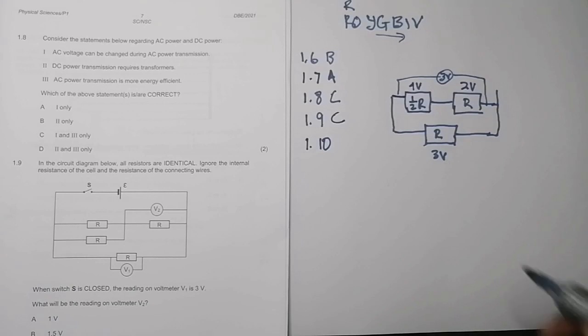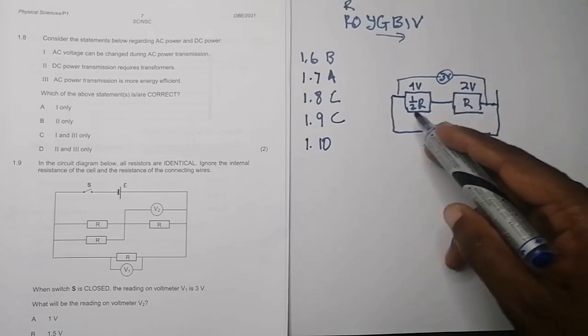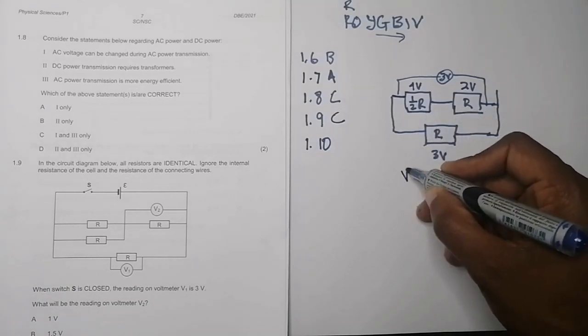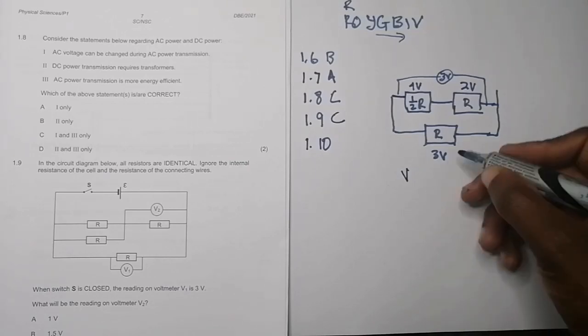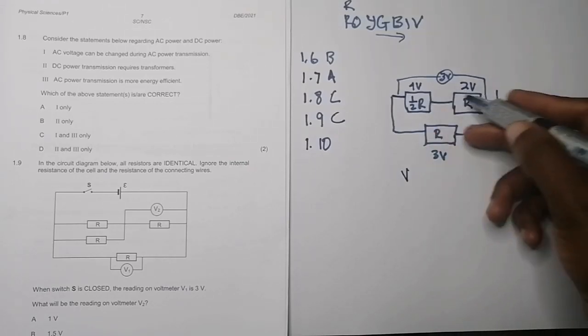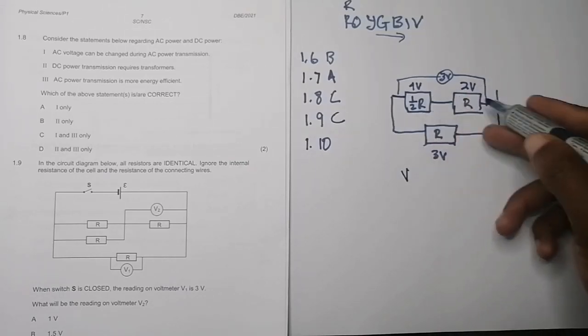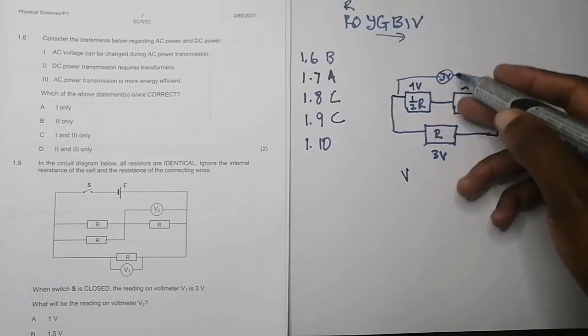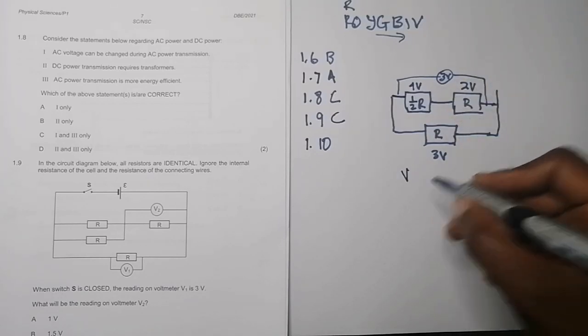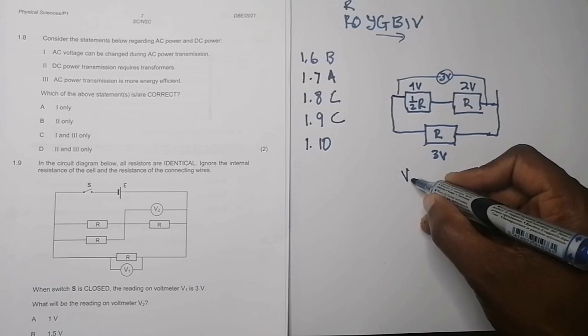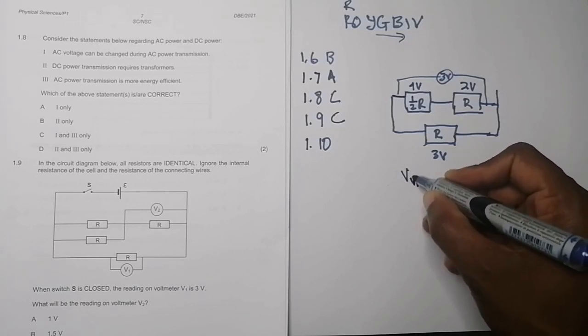If you wanted to look at it mathematically as well, there's a formula that you can use for resistors in series when you want to see the voltage division. So I could say, what is the voltage V1?